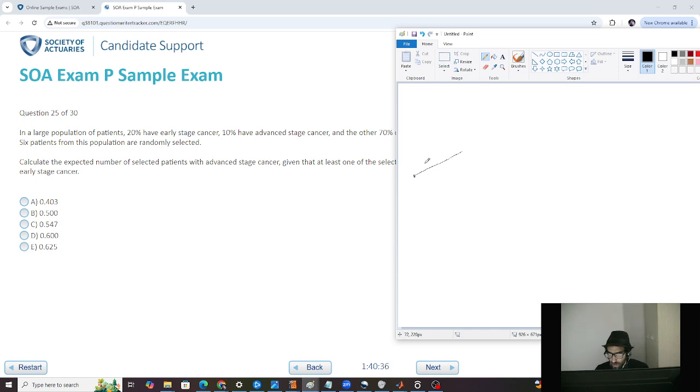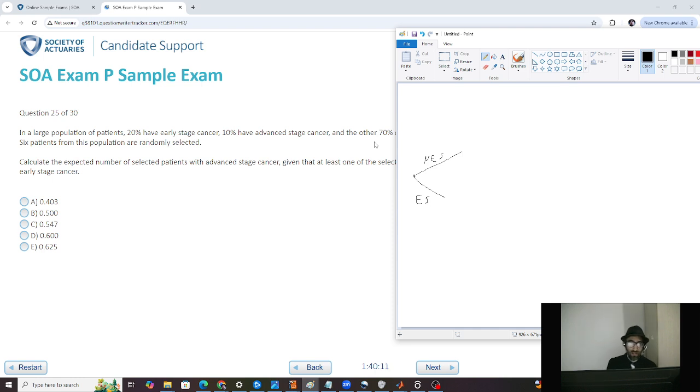If we break this down into no early stage and somebody having early stage, right? We know that if nobody has early stage, now we're not just looking at 10% out of 100%, we're looking at 10% out of 80%, right?